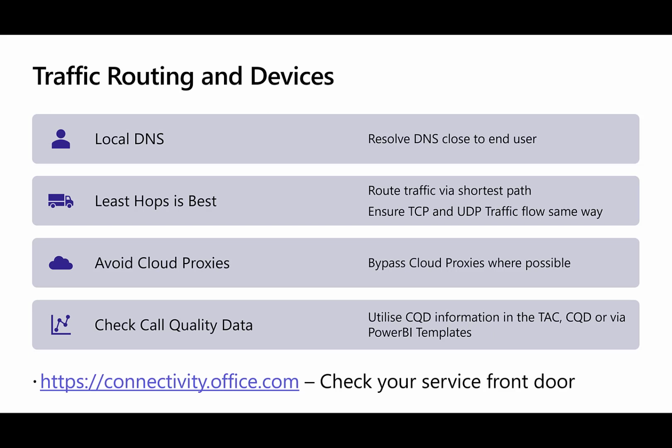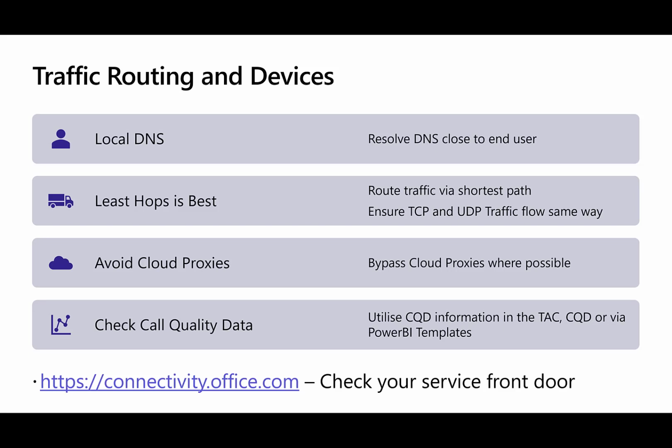And also where possible, try and route the TCP and UDP traffic flow the same way. Now, there isn't a requirement to do that, and in some cases that's not possible. However, it is what we would recommend.